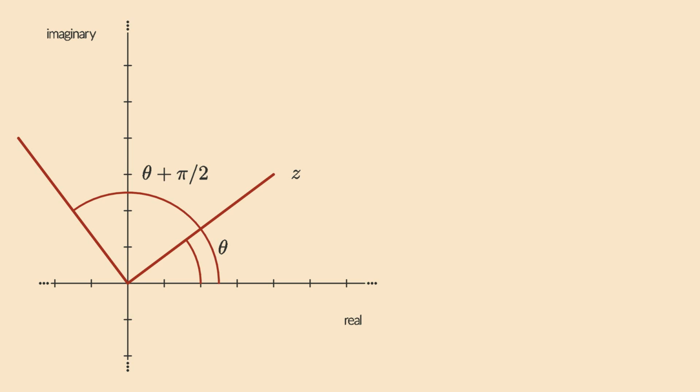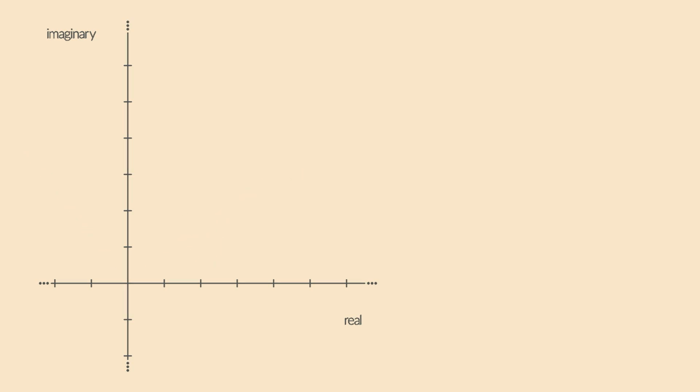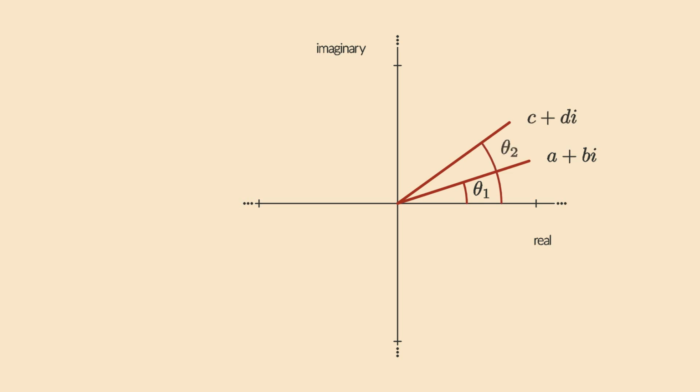Polar coordinates also allow us to link the geometric and algebraic perspectives. I mentioned that it's easy to convert between polar and rectangular coordinates. Let's do that conversion for the product of two complex numbers. I use complex numbers with a modulus of 1 to make things easier. Because multiplication is rotation, the resulting product is a number that has the sum of the angles, theta 1 plus theta 2.